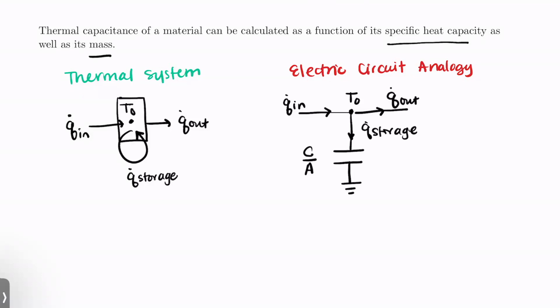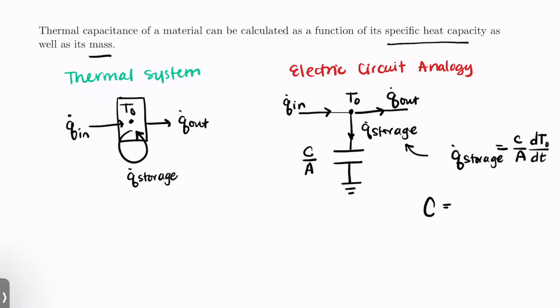All right, we can write down an expression for Q dot storage. This is defined as the following. Q dot storage is just C times dT naught over dt. So this is the time rate of change of the temperature of that material.